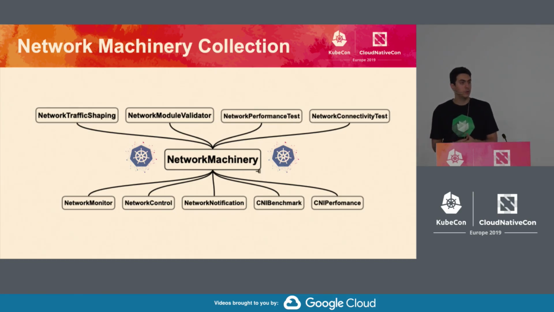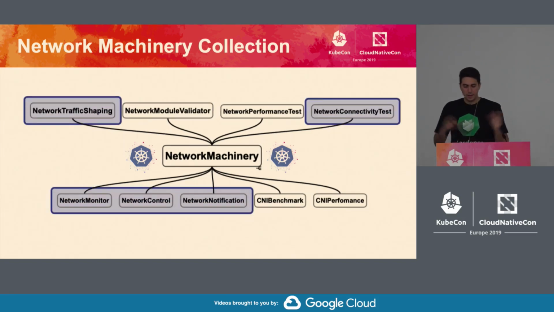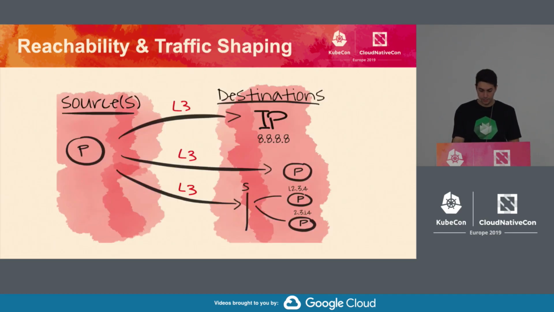And if you want to benchmark your container network plugin, you can do so, and also generate traffic across the pods to measure the performance of the CNI that you're using underneath. Of all these, we're going to talk about network traffic shaping, network connectivity testing, and the network monitor, control, and notification.